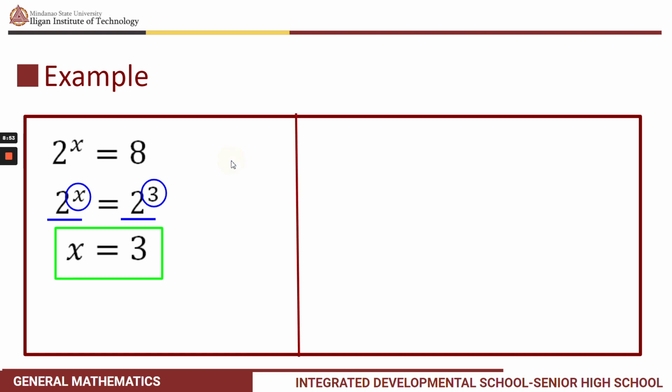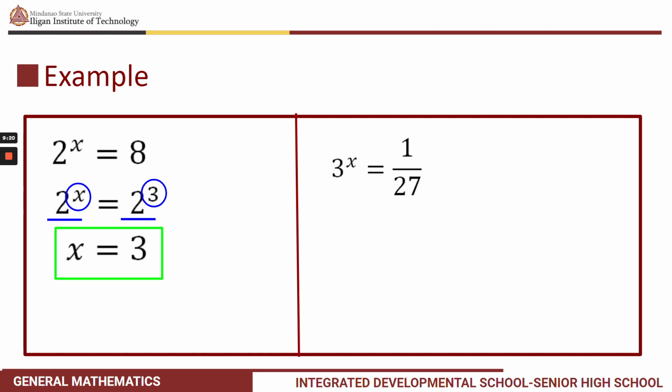Let's try another example. Here, we have here 3 raised to x equal to 1 over 27. So, ano kaya ang goal natin na maging base dyan? So, observe mo lang yung mga numbers, no? So, we have here 3, 1, tsaka 27. Of course, si 27, pwede natin siyang i-express as a power of 3, no?